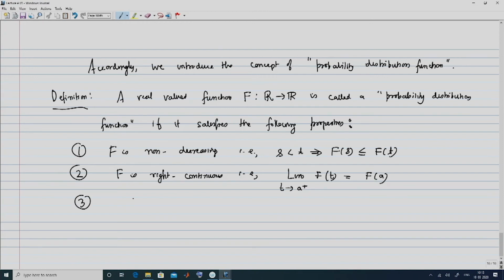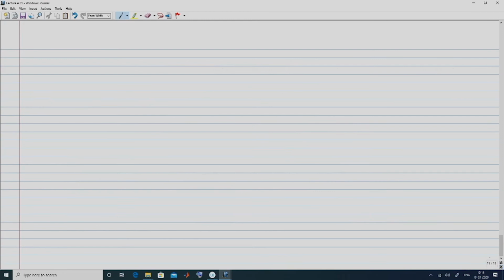And the last property is that F satisfies limit F of t as t tends to minus infinity is equal to 0 and limit F of t as t tends to plus infinity is equal to 1. So, based on this definition with these three properties of non-decreasing, right continuous and the limits at minus infinity and plus infinity, we are now in a position to state two results.